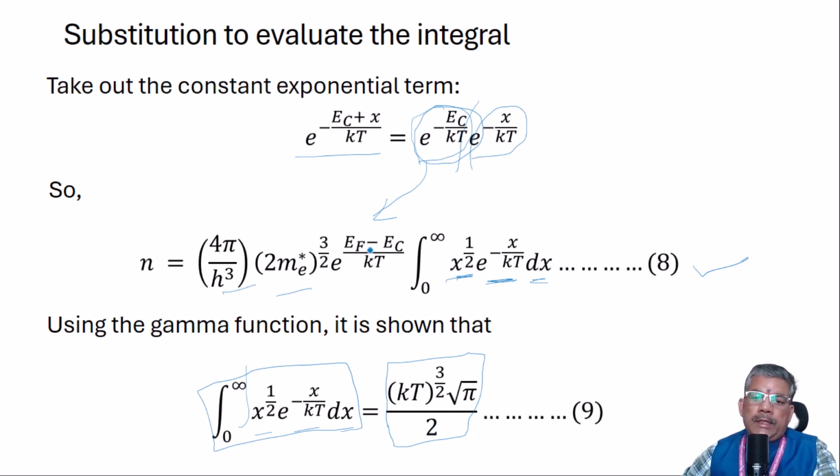So here in equation number 8, instead of the integral 0 to infinity of x power 1/2 exponential of minus x by kBT into dx, we have to substitute the value (kBT) power 3 by 2 into pi power 1/2 divided by 2. So that is, substitute equation 9 into equation number 8.